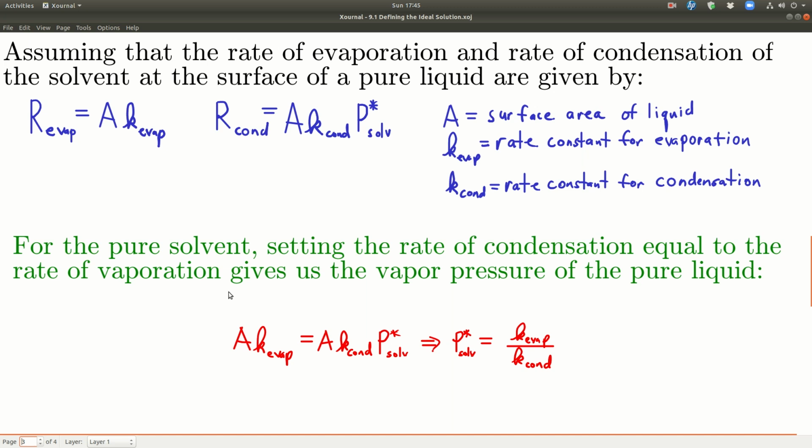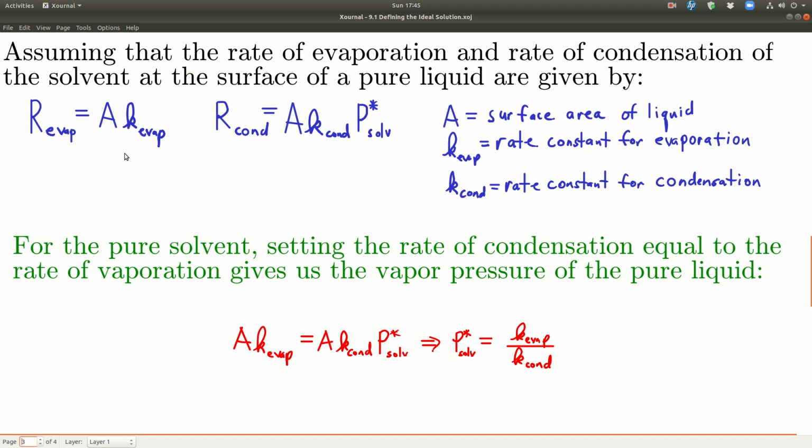So now we're going to do a little derivation of Raoult's law. We're going to assume that the rate of evaporation and rate of condensation of the solvent at the surface of a pure liquid, before we add the solute, are given by the following. R evap, the rate of evaporation, is equal to A, which is the surface area of that liquid, times the rate constant for evaporation.